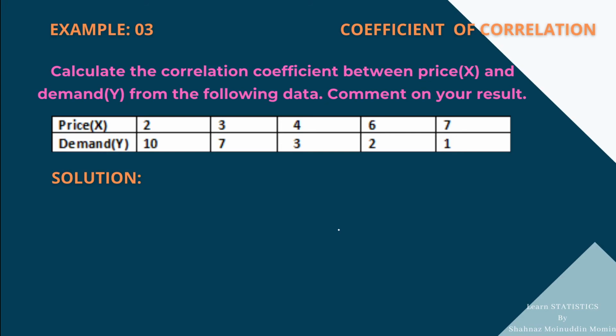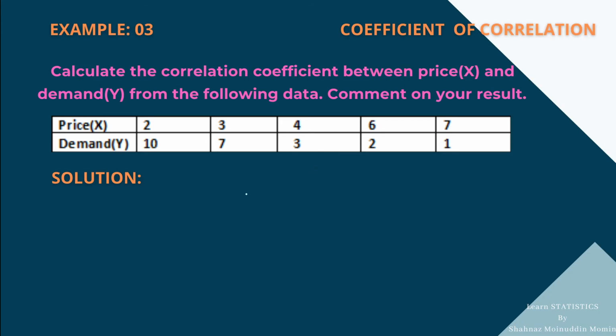Calculate correlation coefficient between price and demand from the following data and comment on your result. Here the price and demand are given for the 5 pairs, and we see that the observations are very small, so there is no need to take the deviations, and we use the third method here.